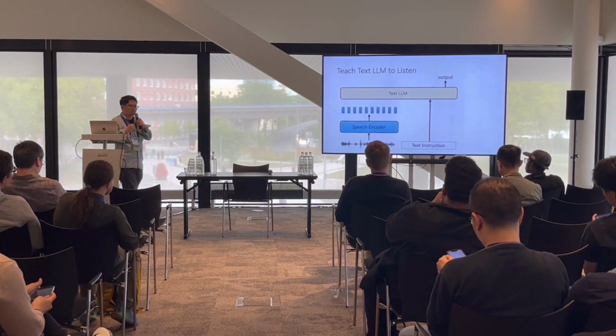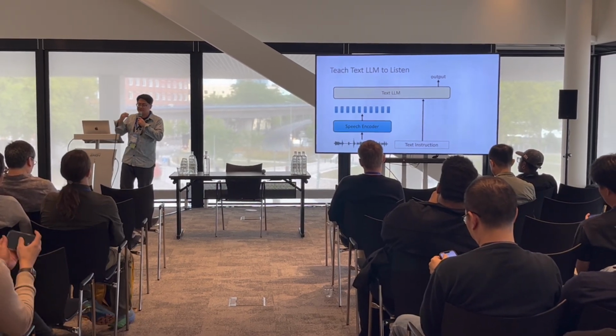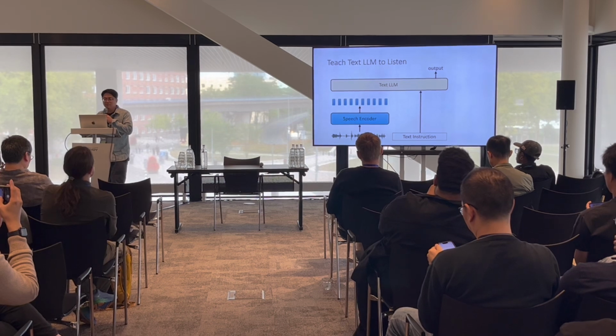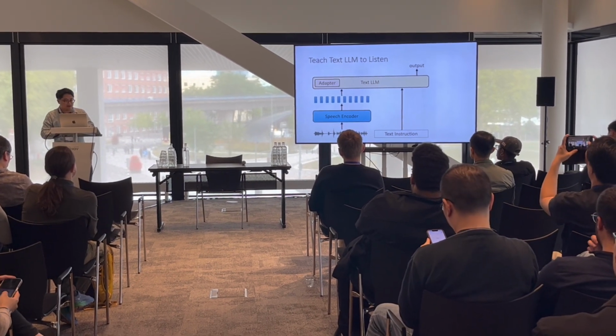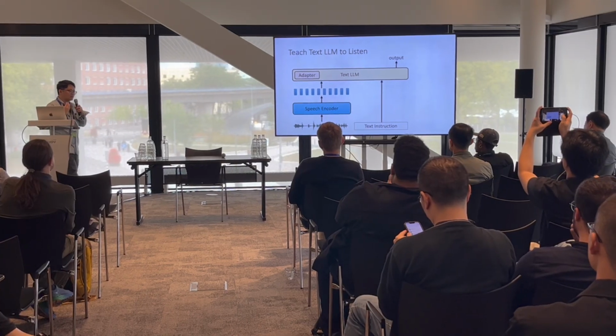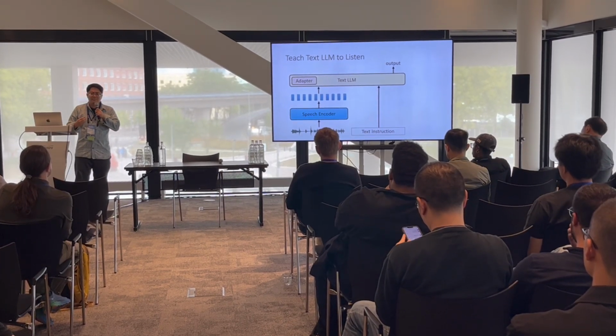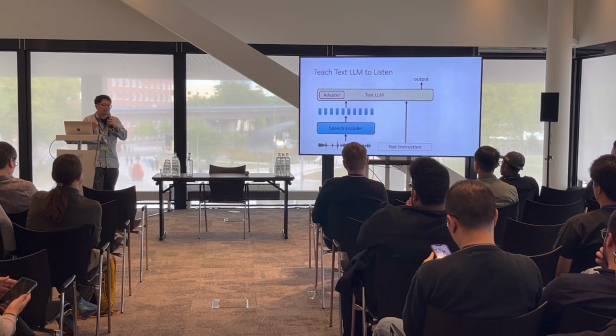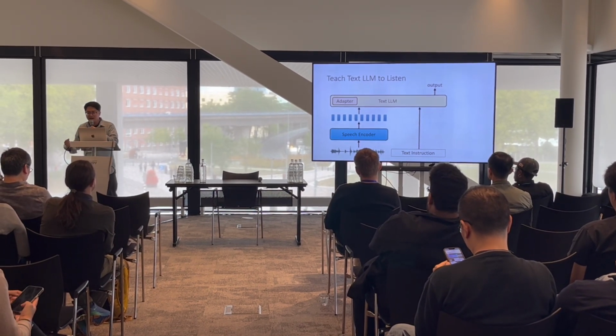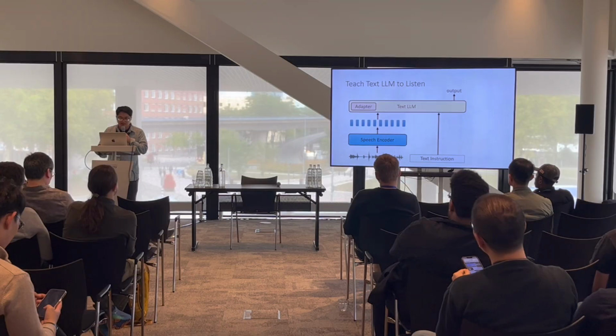Usually, you have a speech encoder transform sophisticated signals into representations or tokens. Then the text language model will take the representations or tokens as input. But those text language models are originally trained to understand text tokens, so they cannot directly understand speech representations.